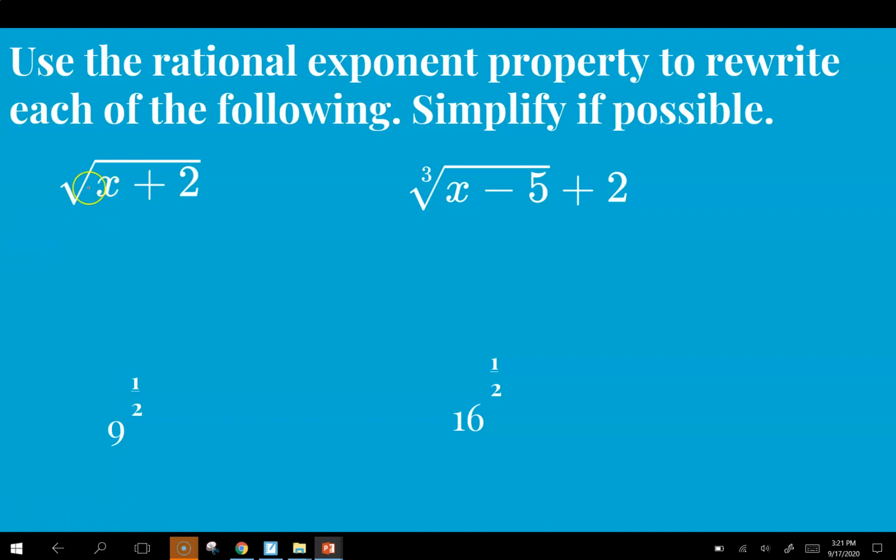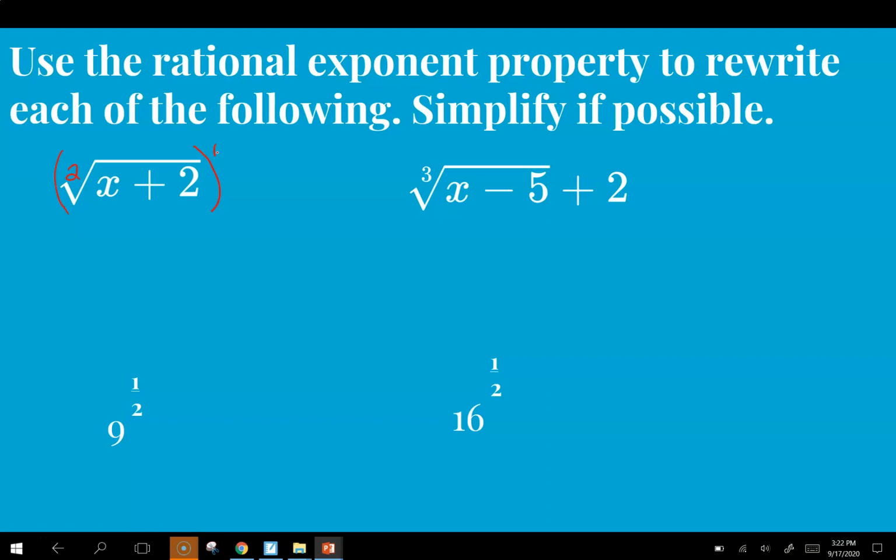Since it's not written, this is a square root, right? So we know that my root here is 2. The power for the entire problem, even though it's not written, technically has an exponent of 1. We don't always write the 2 for the square root, and we usually don't write the exponent of 1 when it's there. So if any of those pieces are missing, you know what to fill it with.